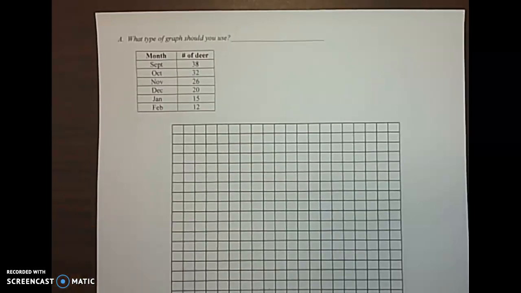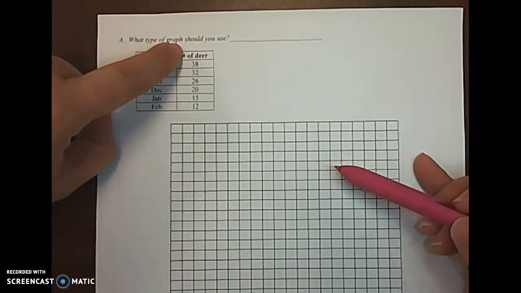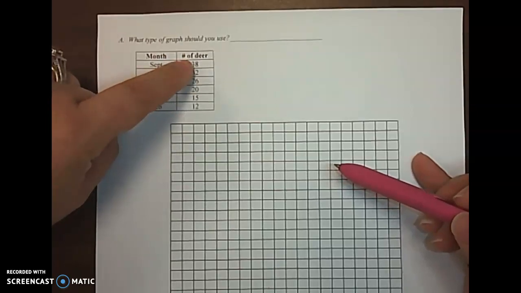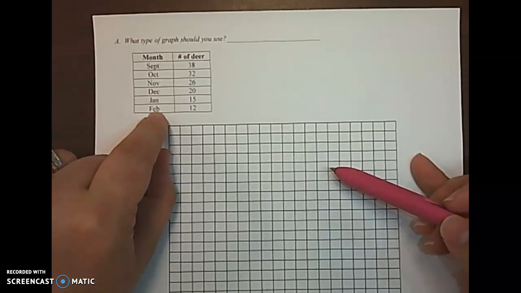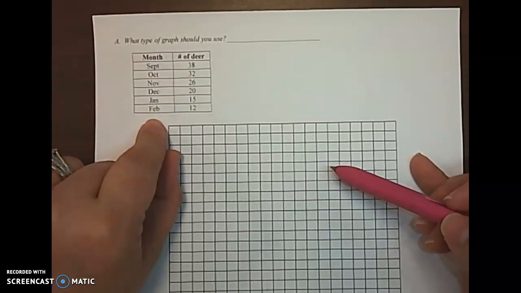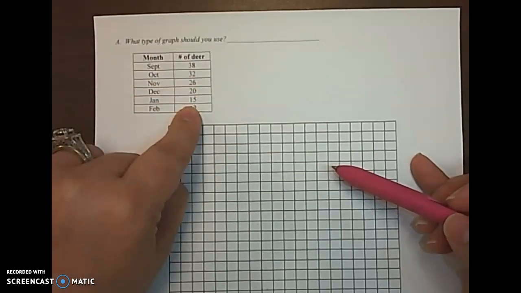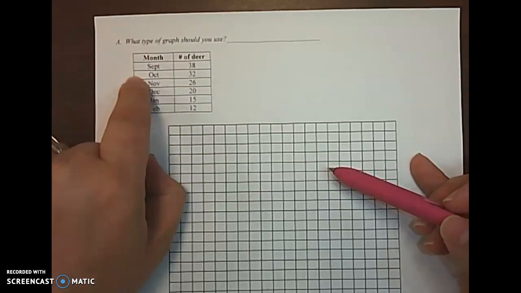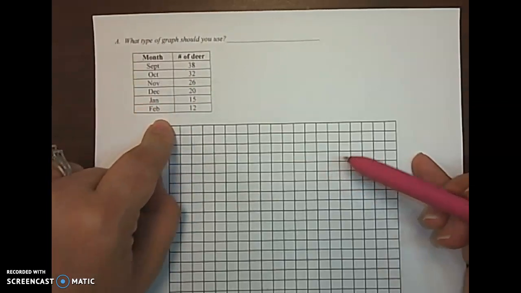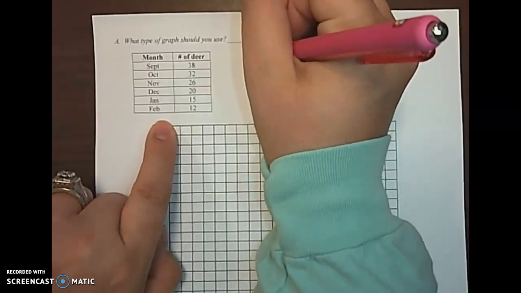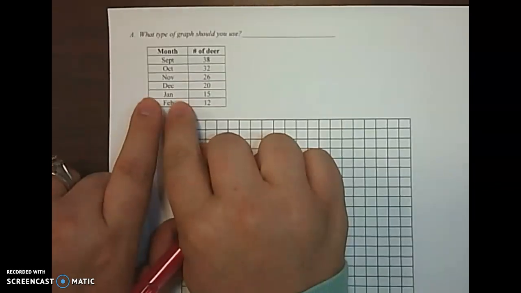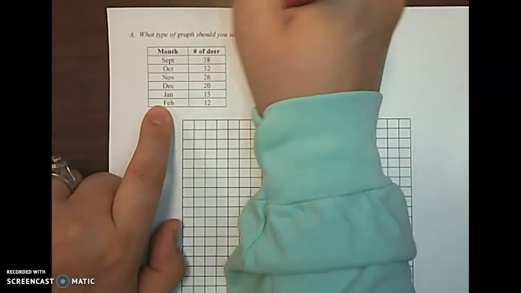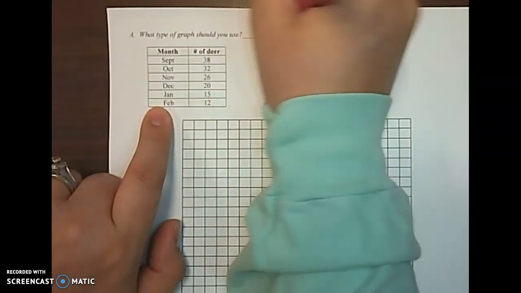So this information gives us months and the number of deer. Months is categorical. Number of deer is quantitative, but our months is categorical. That means we are having a categorical graph, and we know that categorical graphs are bar graphs.